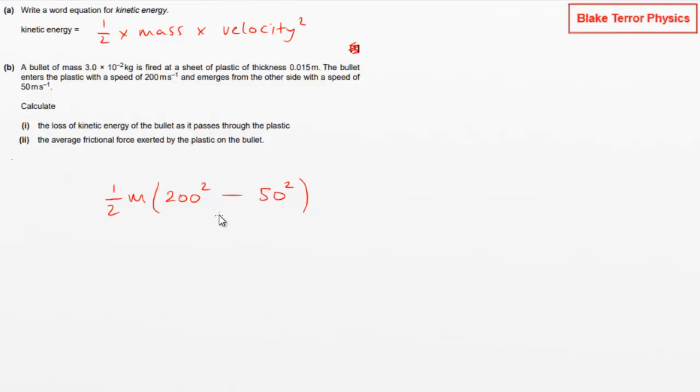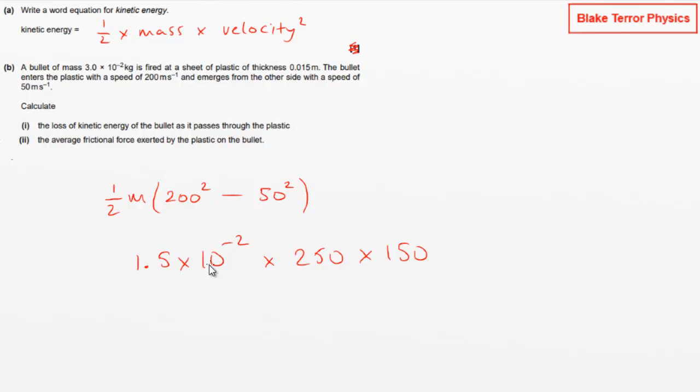So yeah, we've got a difference of 2 squares there. I suppose we could do 250 times 150. What was m? So we've got 1.5 times 10 to the minus 2 multiplied by 250 multiplied by 150.